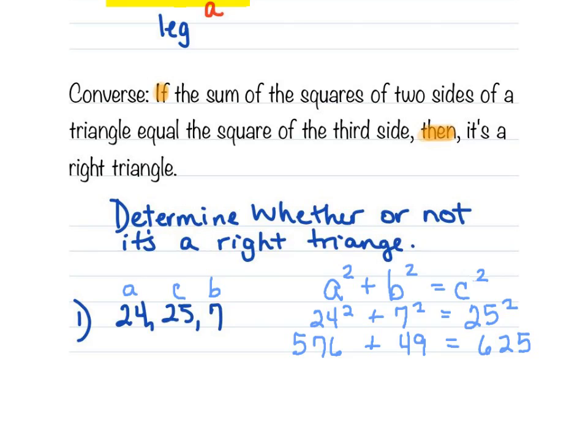Is 576 plus 49 equal to 625? The answer is yes. Since these numbers, when plugged into the Pythagorean theorem, work, then you can conclude these are the sides of a right triangle. Let's move on.